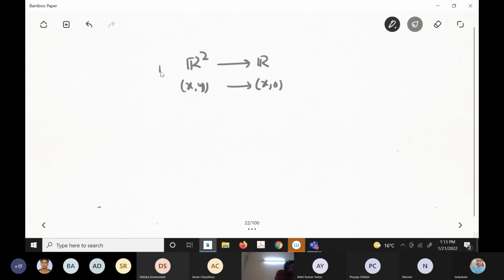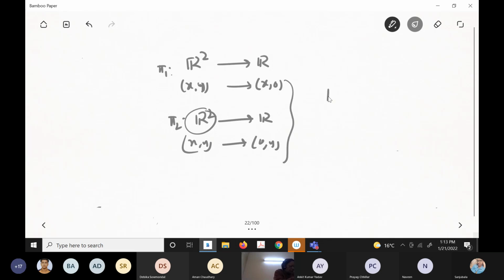This is called pi 1, the first projection on the x-axis. Similarly, we have the second projection. In fact, topology on R square can be handled with these two projection maps. These are called projections.